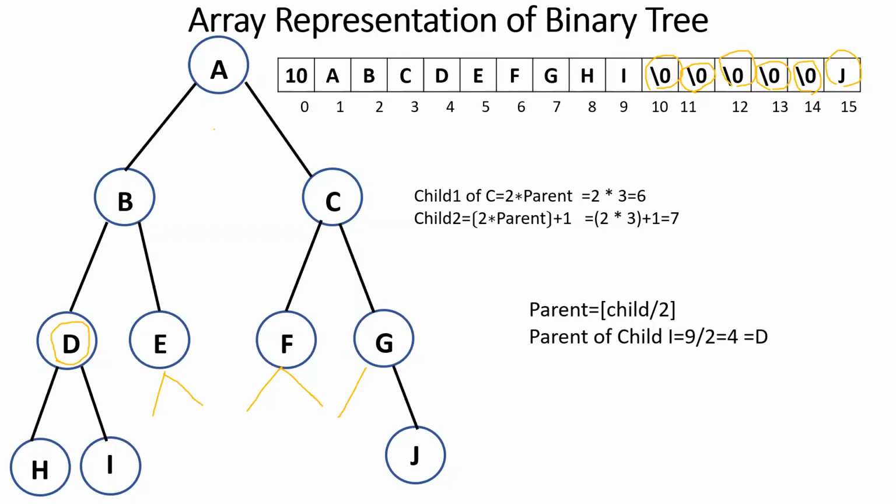Now, suppose we are going to implement one program using a binary tree, and I want to find the index of the parent, or the index of a child node of a parent, both ways. If the child node is given and I want to find the index of the parent, then what we have to do? So here there is a formula.